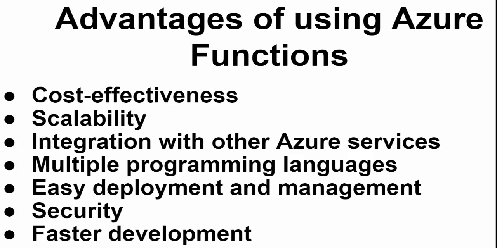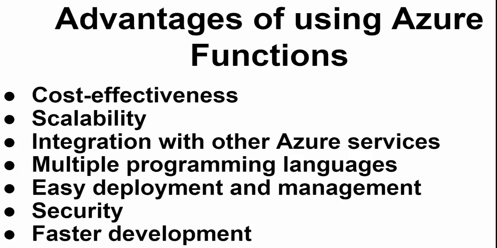Fourth, multiple programming languages. Azure Functions supports multiple programming languages, including C#, Java, JavaScript, PowerShell, and Python. This allows developers to choose the language they are most comfortable with and to build the application using the tools they prefer. Fifth, easy deployment and management. Azure Functions can be easily deployed and managed using the Azure portal, Azure CLI, or other Azure tools.